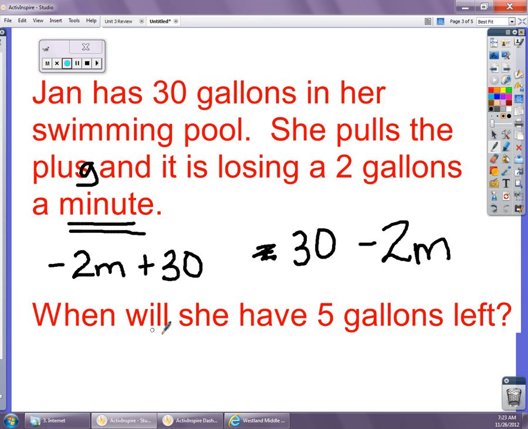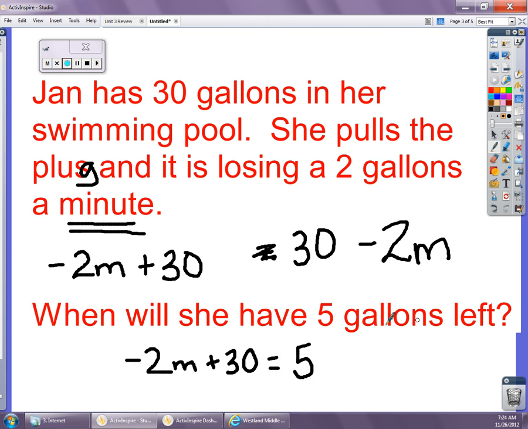And then it asks, when will she have 5 gallons left? Well, that means when will this amount, you started with 30, you're losing 2, when will you have 5 gallons left? The way you'd make an equation, you'd say negative 2m plus 30. We have how we're going to be losing the water in this swimming pool, but we want to know when this will equal 5 gallons.